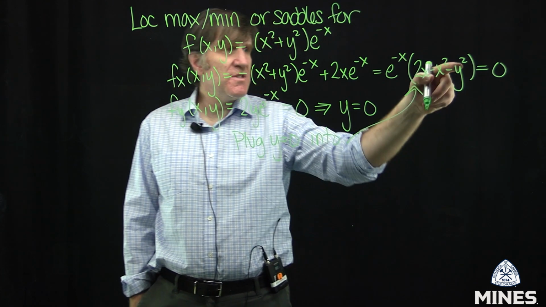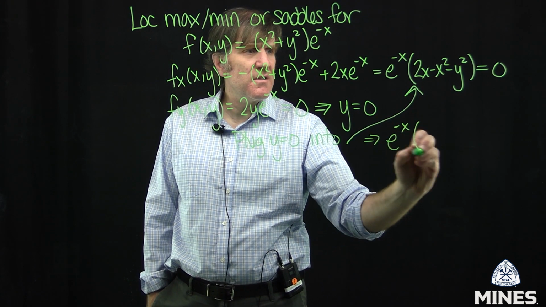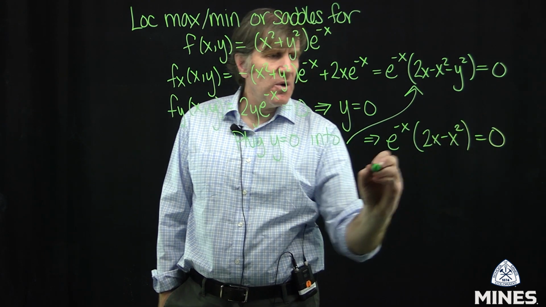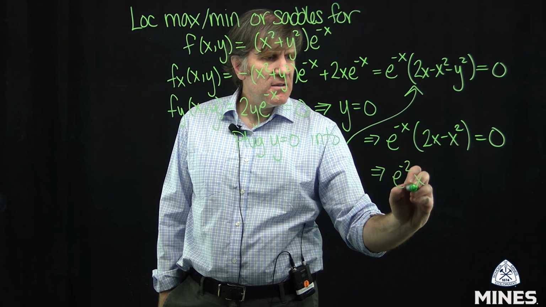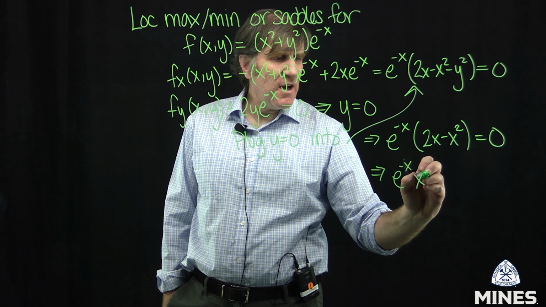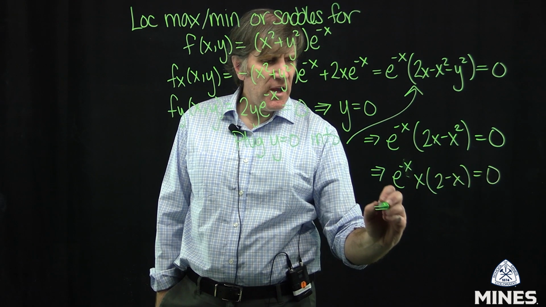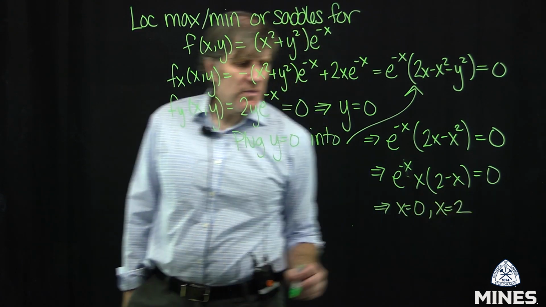If y equals 0, we have e to the minus x times 2x minus x squared is 0. That's e to the minus x times x times 2 minus x equals 0. And we see the solution is x equals 0 or x equals 2.